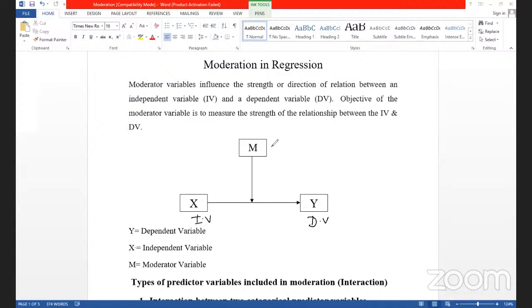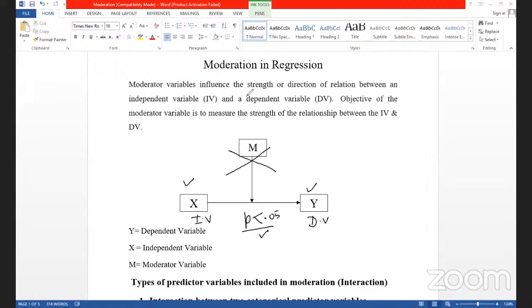It means if we are not taking this variable, and I am just taking the two variables, one dependent and one independent, and the relationship between them is significant, then without adding the moderator variable, the relationship is significant.